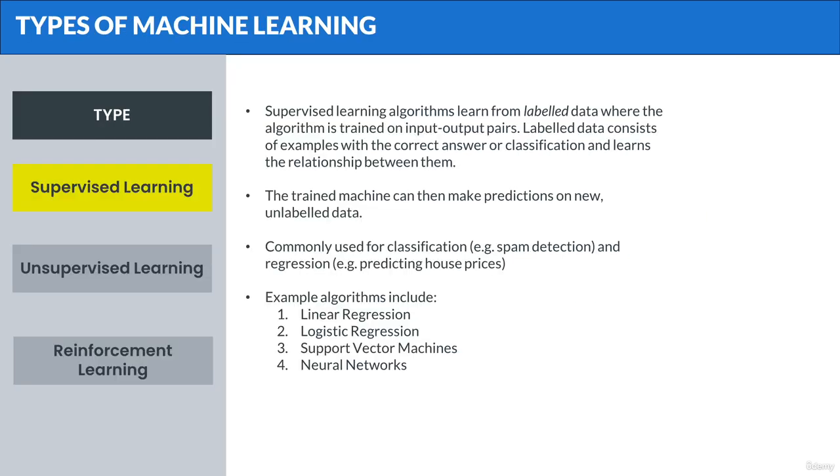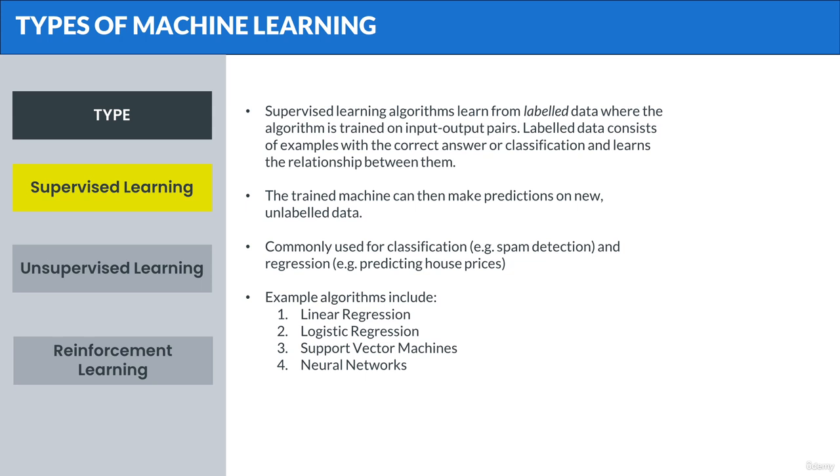There's three main types of machine learning that we need to be aware of, and these are supervised learning, unsupervised learning, and reinforcement learning. Starting with supervised learning, these are algorithms that learn from labeled data, where the algorithm is trained on input and output pairs.